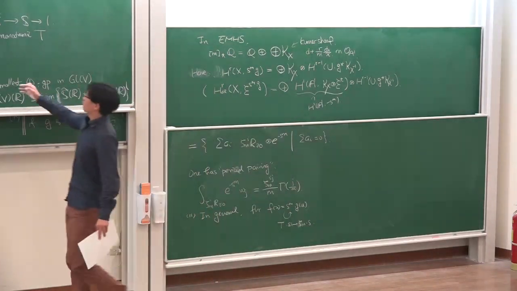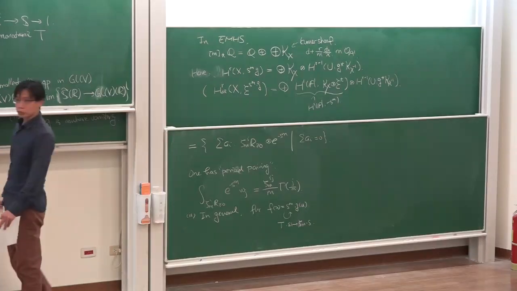And then you can define what is called a CM rational finite monodromic Hodge structure.